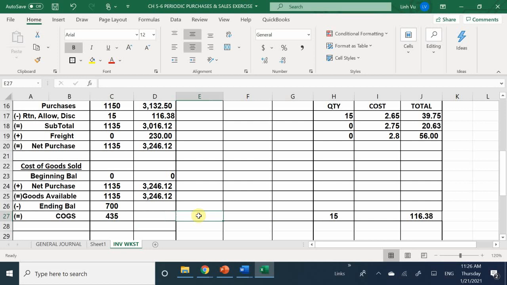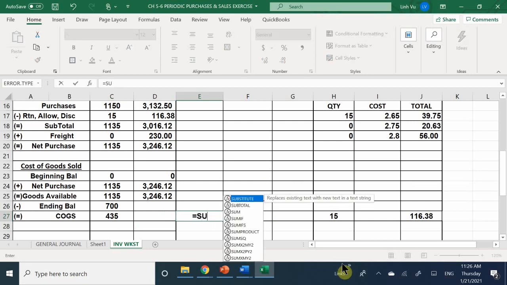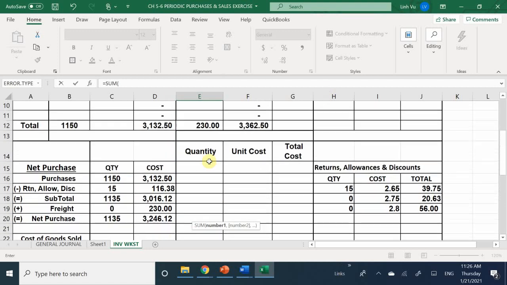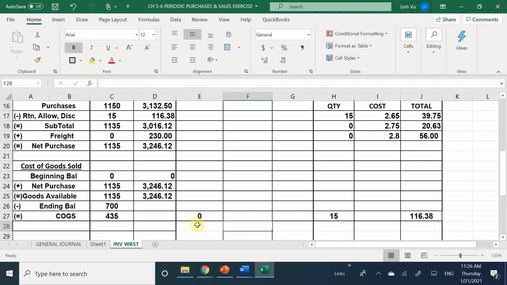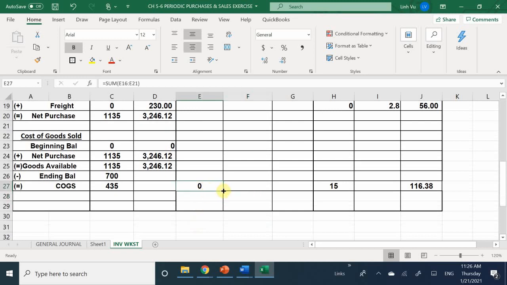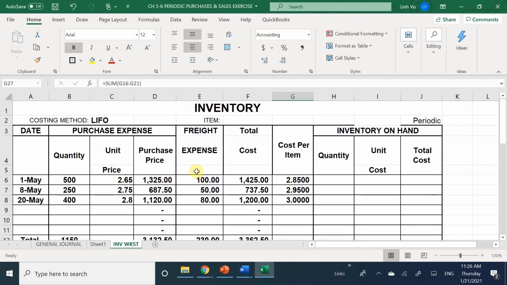Okay, so I'm going to go ahead and place my formula here. Now that I have this section, let's go ahead and review. What costing method are we dealing with?